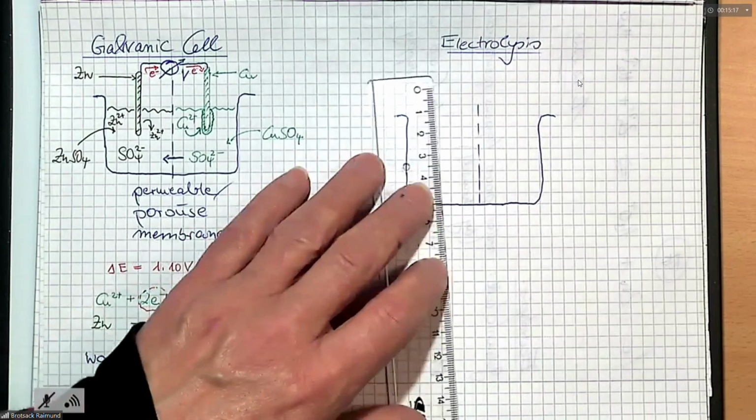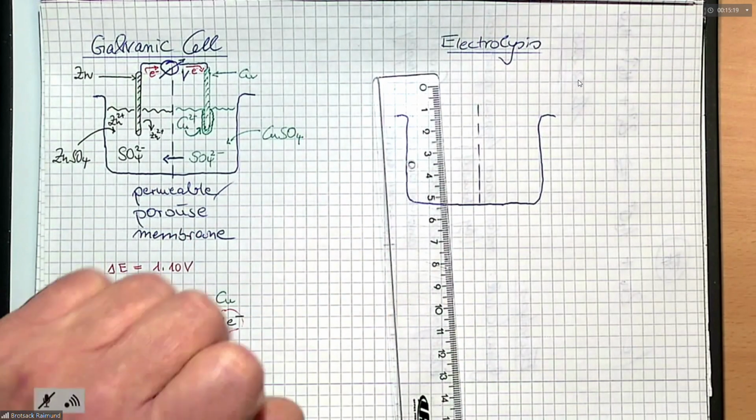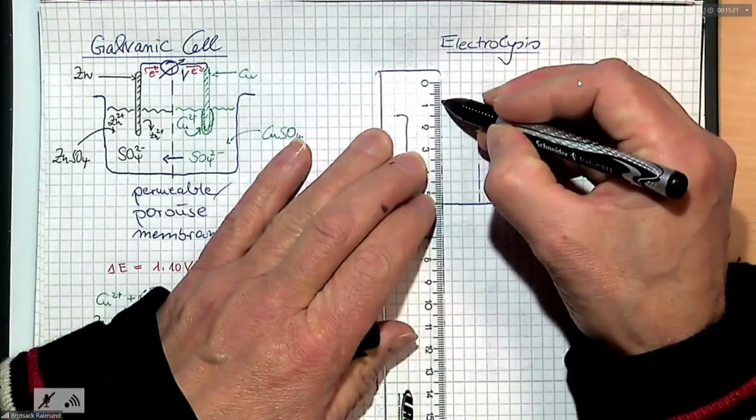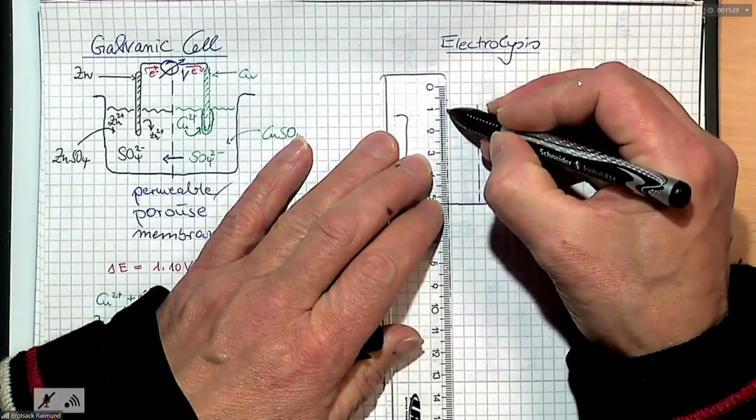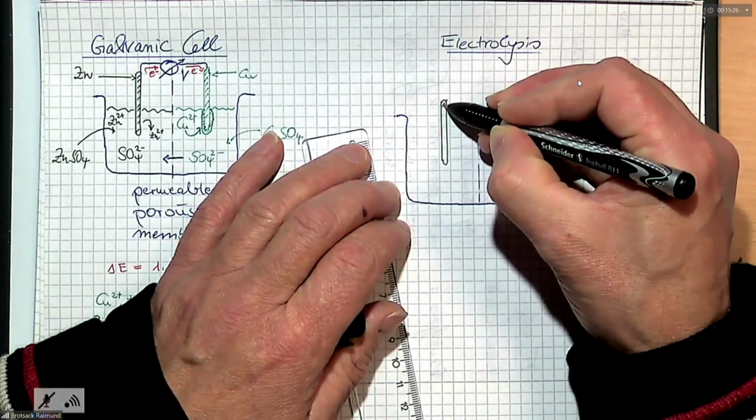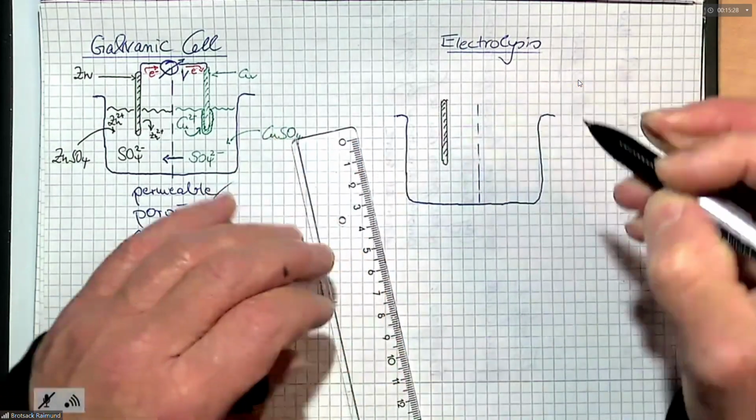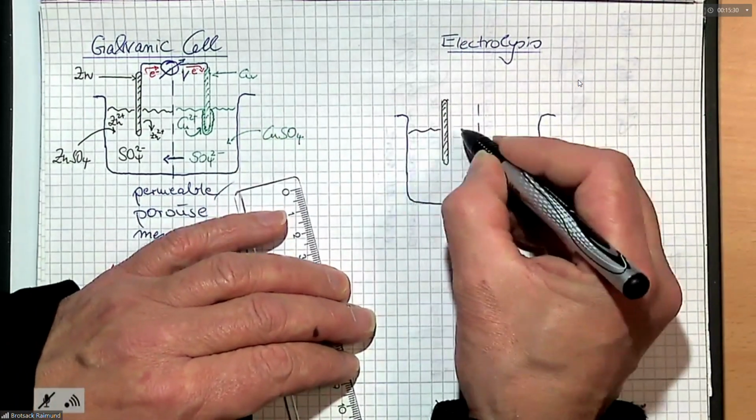We have on the left side our zinc system as we know it, in the zinc sulfate solution.